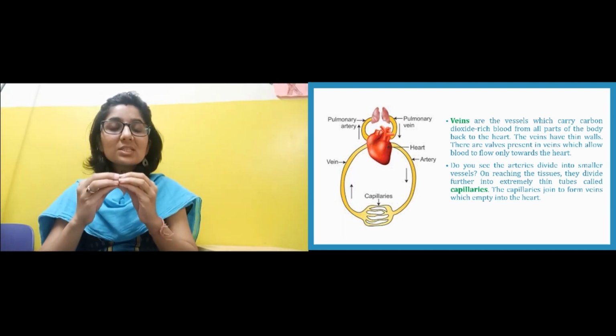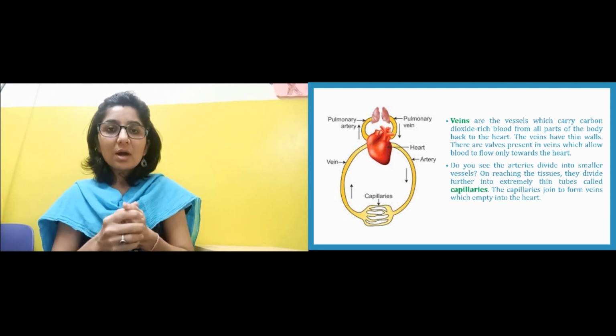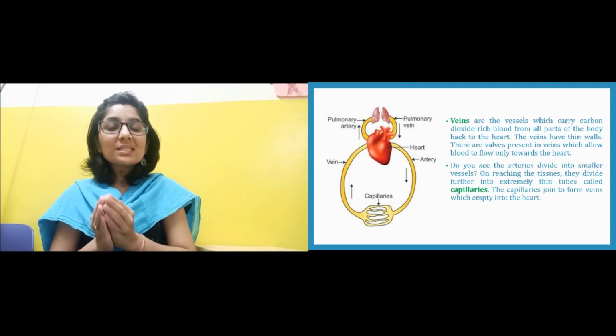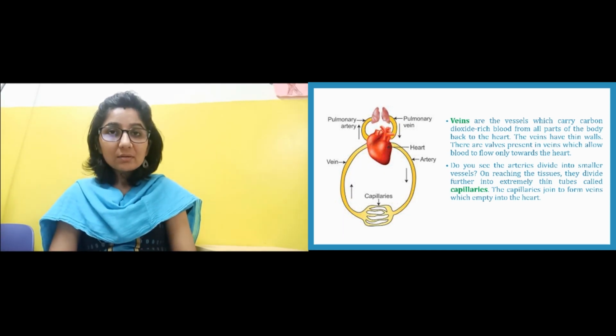The arteries take the blood away from the heart, of course not from the lung, from the heart, yes. So the arteries carry the blood away from the heart, and the veins bring the blood back to the heart, okay.